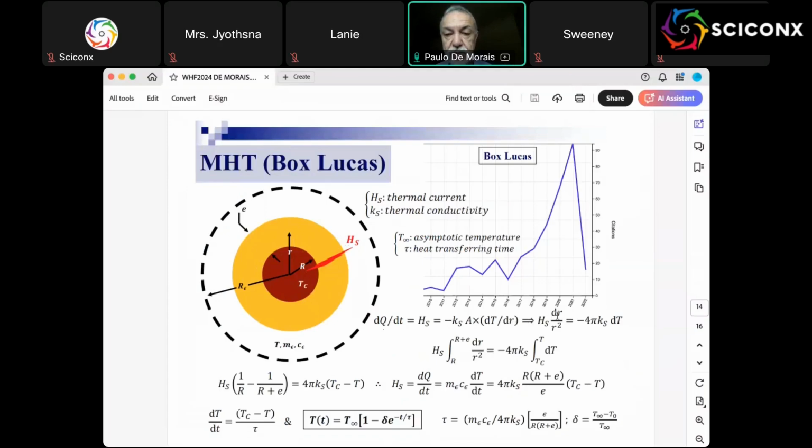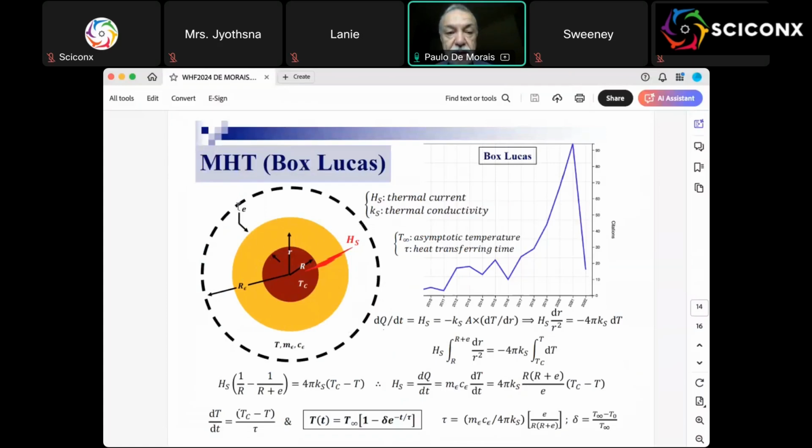So we can manipulate this expression in this way. If you take a spherical system, the area goes with 4 times pi times r squared. We can manipulate the expression and integrate both sides. The thermal current is constant, so it comes out of the integral, and then we can integrate from r, which is the radius of the nanoparticle, up to the external part.